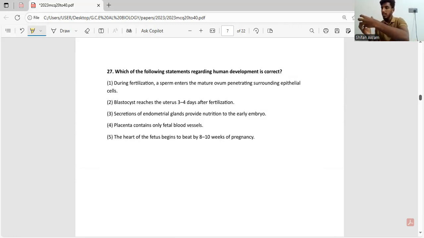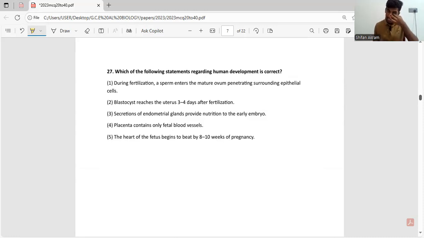During this stage, the zygote starts moving through the fallopian tube into the uterus. When it is reaching the uterus, the zygote is in the morula stage, not the blastocyst stage. The morula stage has 16 or more cells. So in that stage they are in the morula, not the blastocyst. Again, that statement is wrong.